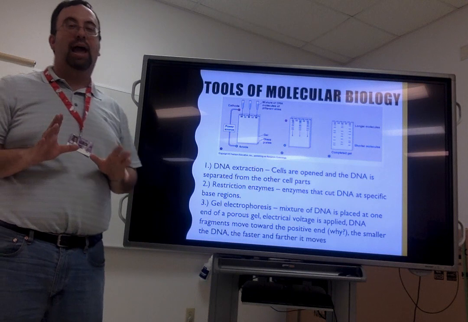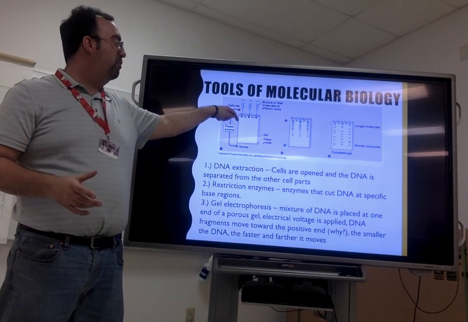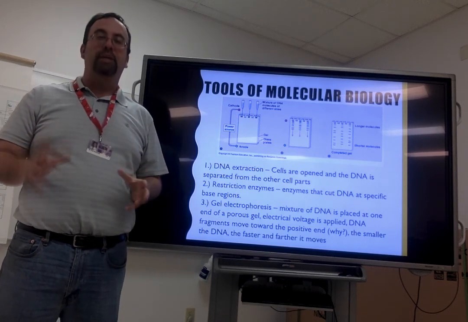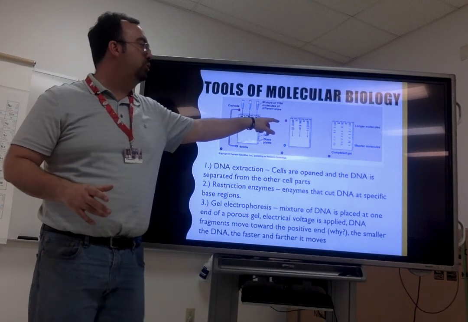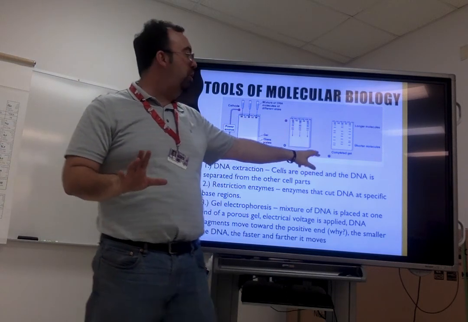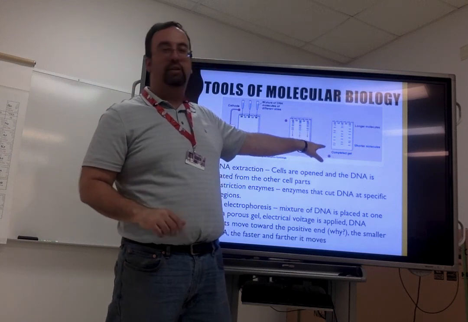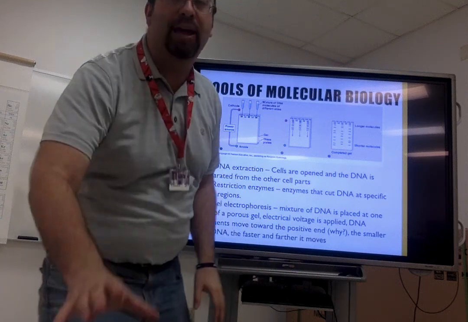That's why the DNA is going to go from the negative end down to the positive end. Typically, the smaller DNA is going to go through the gel faster, and it'll get further down the gel. The larger pieces of DNA are going to get held up, so they're not going to be able to separate as much. If you look over here, you'll see that the shorter molecules are further down on the gel, whereas the larger molecules tend to remain at the top.